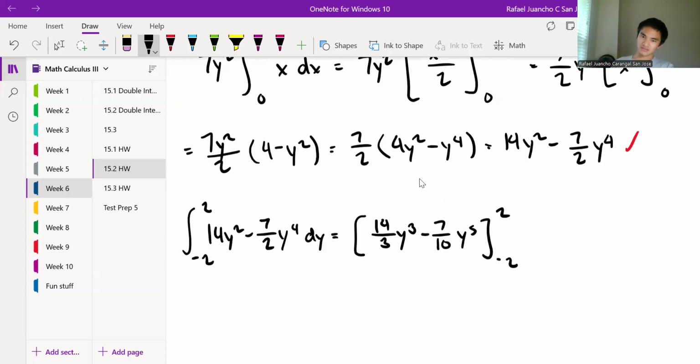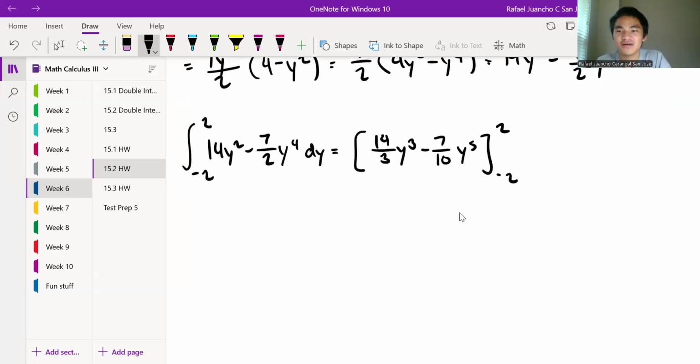And then I put my 2. Why is it so much? Anyway, let me just solve it right here, right now. This is 2 cubed, that's 8. 8 times 14 is 112 over 3.